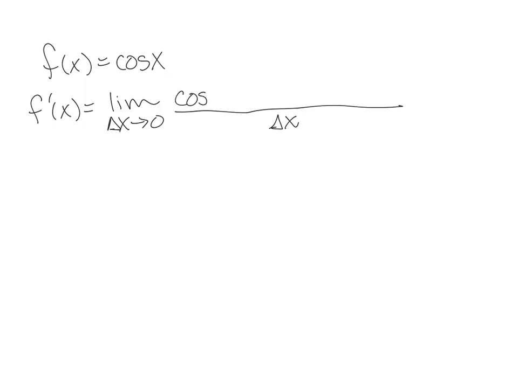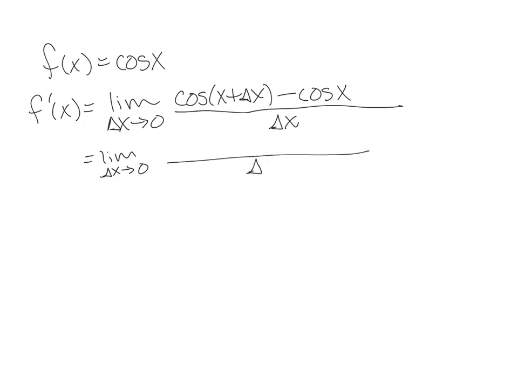So we have cosine of x plus delta x minus cosine of x. And we're going to do the same thing we did before using the formula, or the identity rather, for the cosine of the sum.